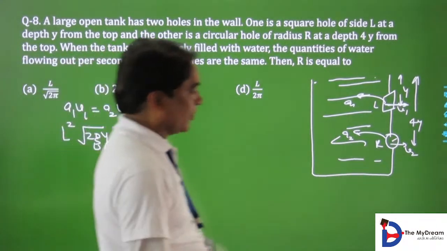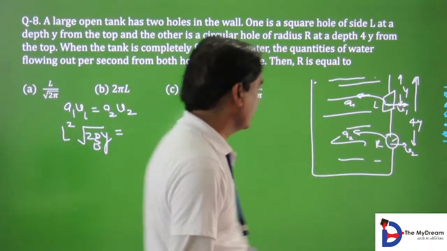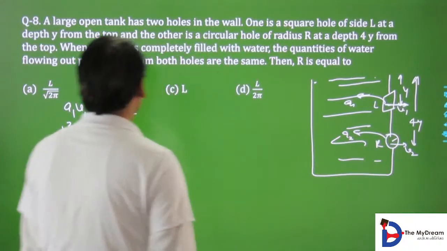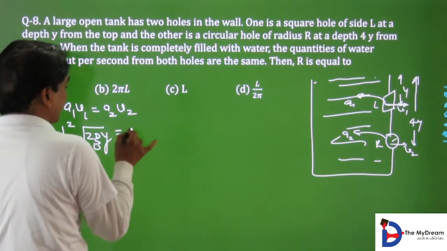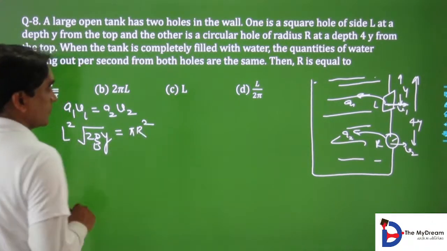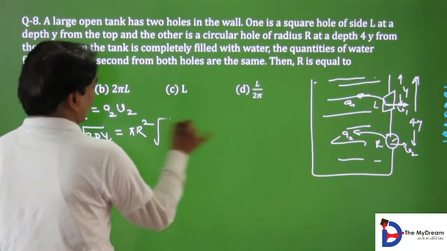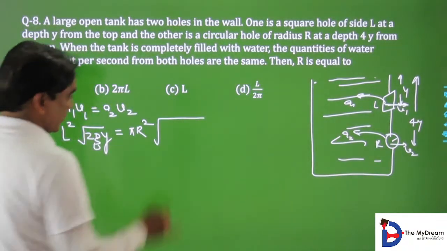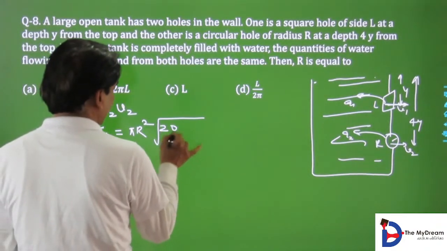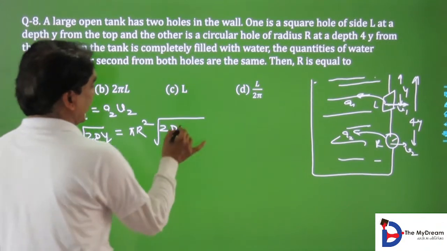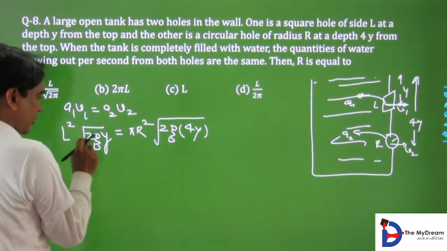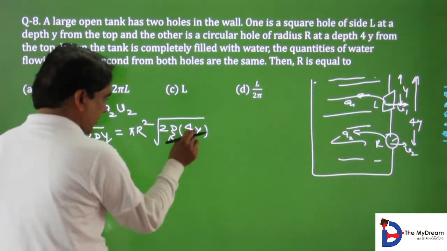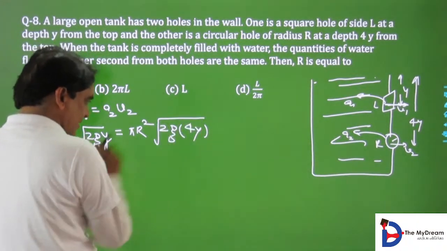Now we are talking about the circular hole. Area of the circular hole is pi r square. And the velocity is under root 2gh, but in place of h, you can write down 4y. Under root 2gy cancels.